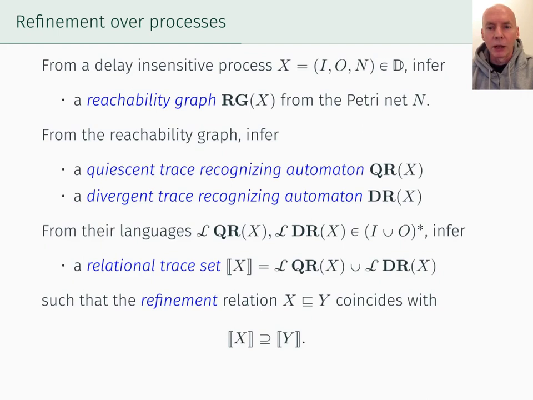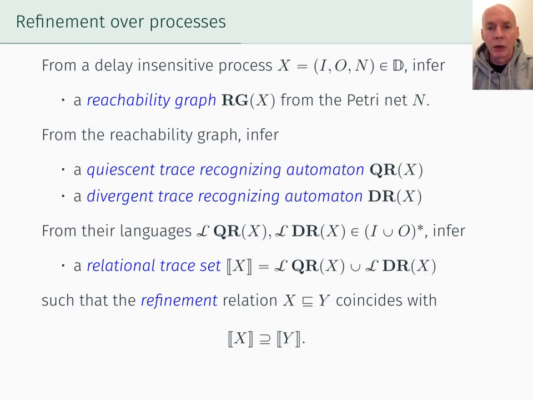From that you can infer a finite automaton recognizing the quiescent traces of the process that the Petri net represents. A quiescent trace is a sequence of transitions obtained by traversing the reachability graph starting from the initial marking up to a marking where there are no transitions enabled except possibly for input transitions.